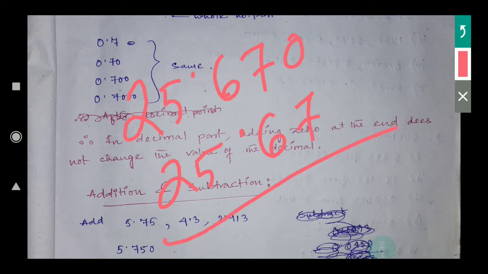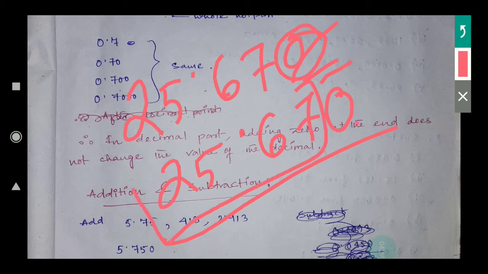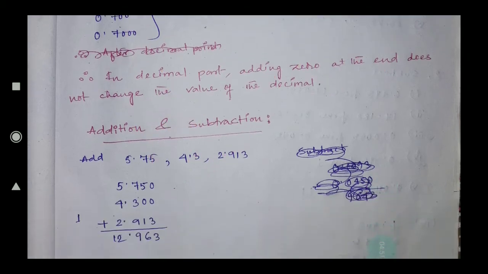Which one is greater, which one is smaller? Both are equal. Why? Because in 670 you can put a 0, or if you remove the 0, the two will be the same. Because after the decimal point, at the end of the decimal part, if you add 0, it does not change the value of the decimal. So you have to remember this.